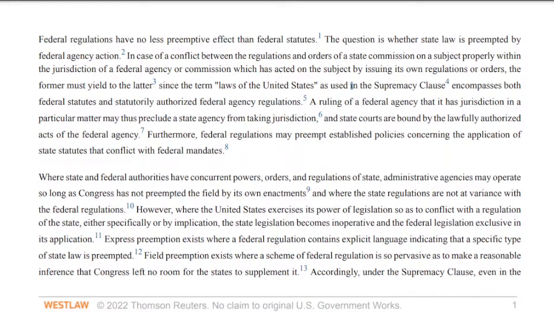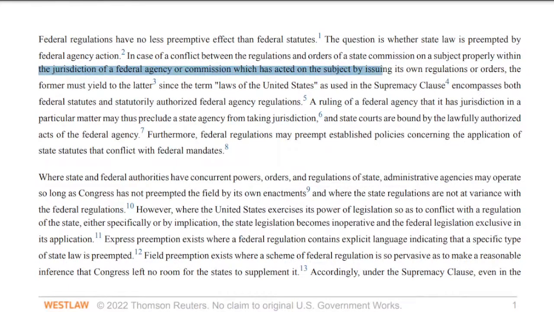So you've got to read these things sometimes a few times through because they're very complex sentences. Let's make sure we're associating the right parties here. So we got, in case of a conflict between the regulations and orders of a state commission on a subject that's properly within the jurisdiction of the federal agency or commission which has acted on this.